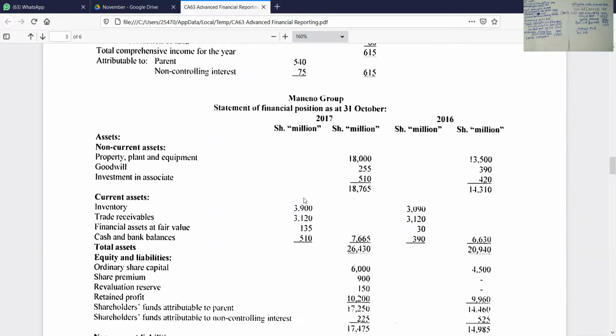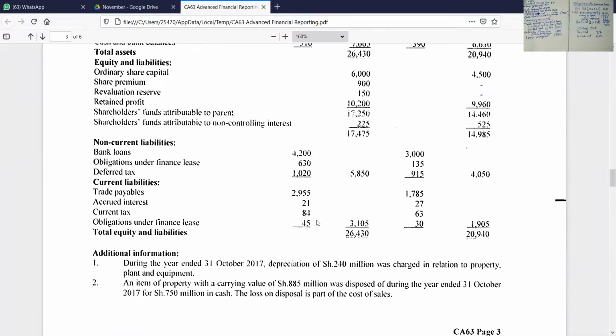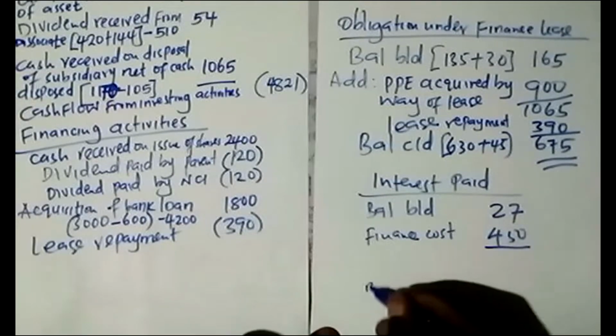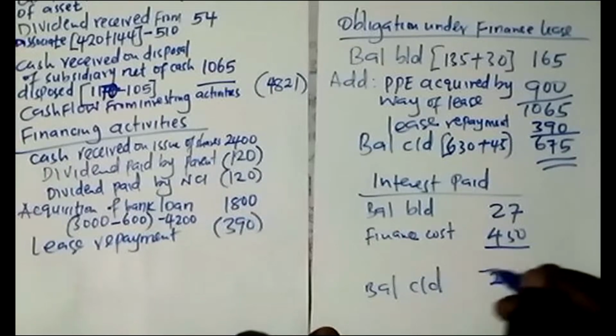So 27 plus the 450, which is the finance cost for the year. Then I will compare with balance carried down, this 21 at the end of the year, that is by the end of 2017.